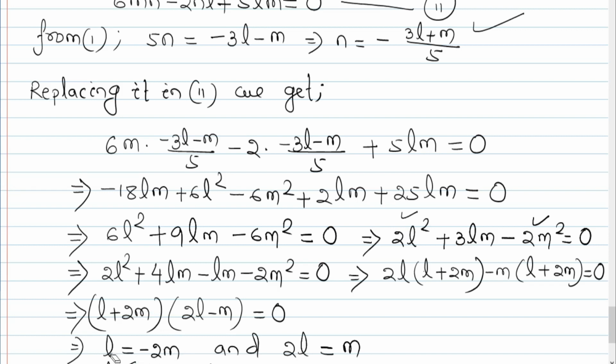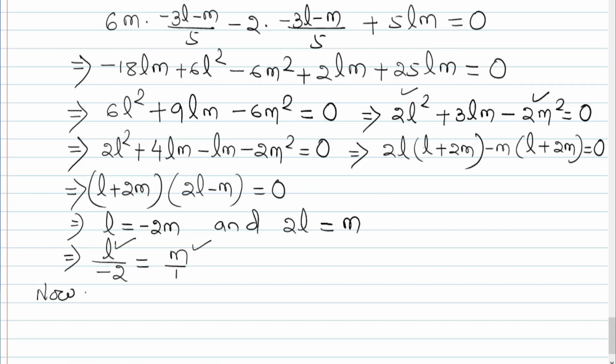Now you see, this value l is equal to minus 2m can be substituted here, n is equal to minus 3l plus m by 5. So here l should be substituted by l is equal to minus 2m. You can write here now, we have n is equal to how much?